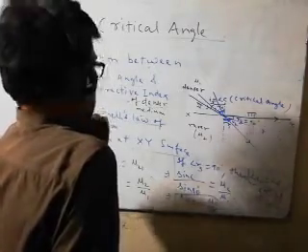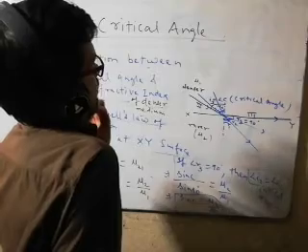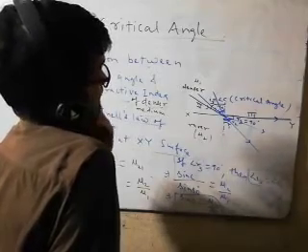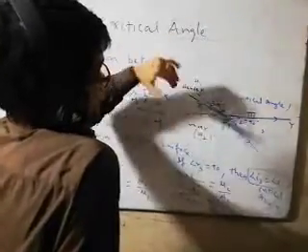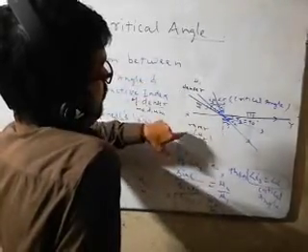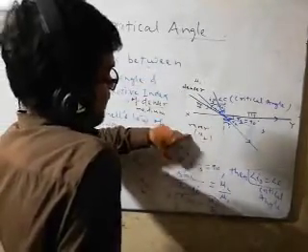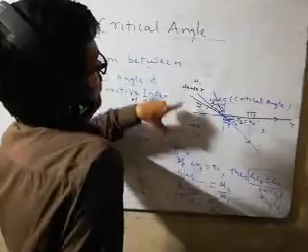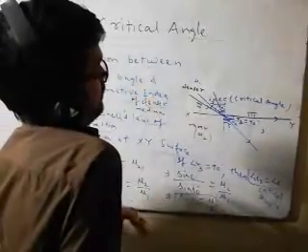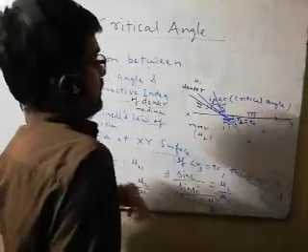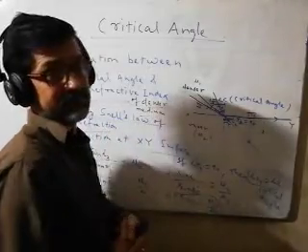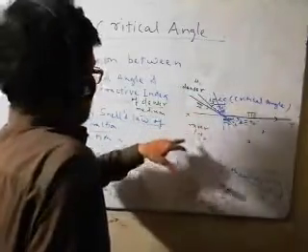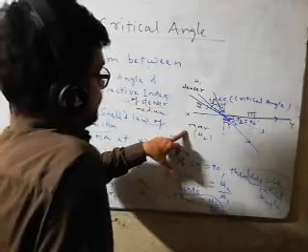Now actually here we are defining refractive index of which medium? Rarer medium in comparison to denser medium. Actually refraction is taking place here in rarer medium.